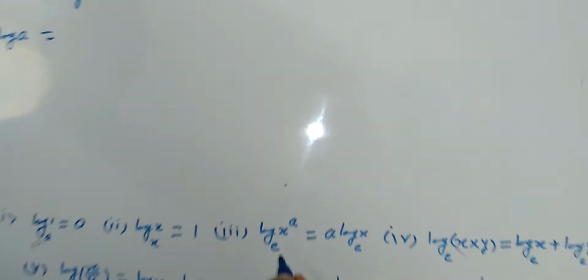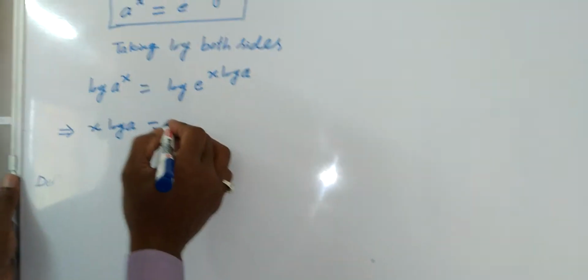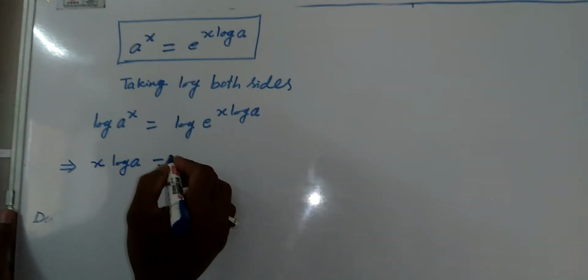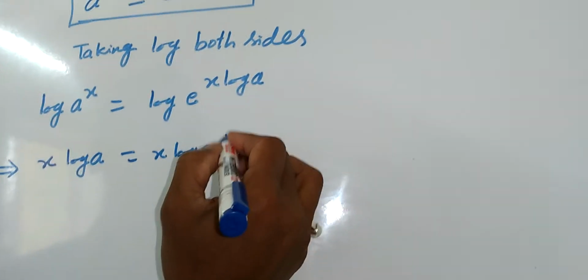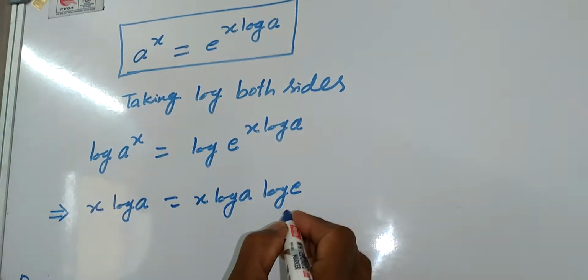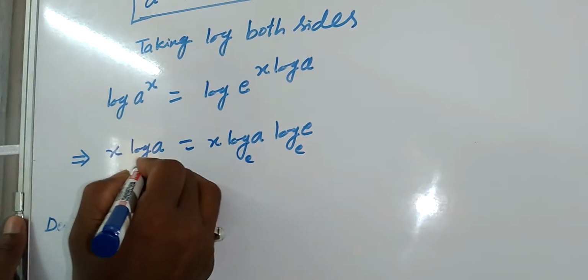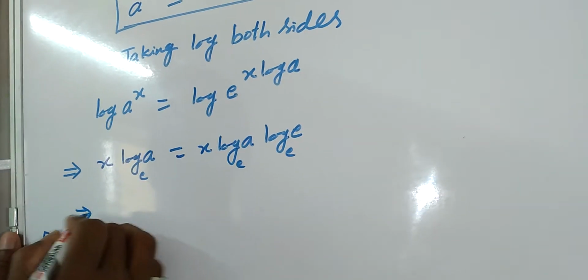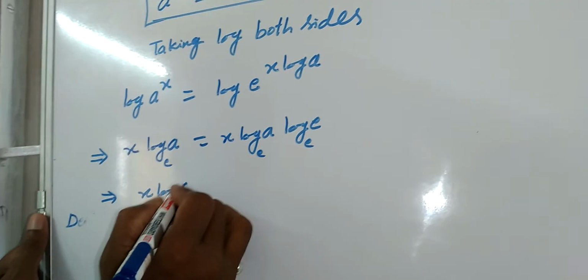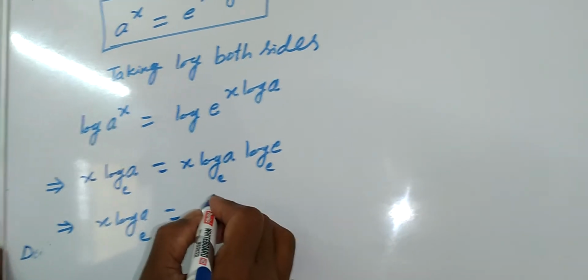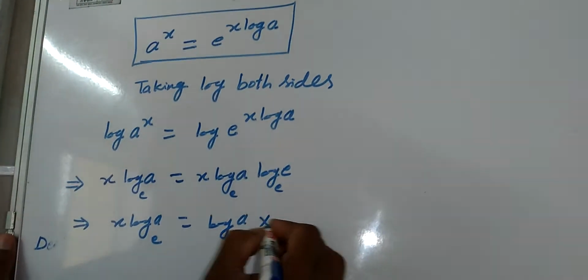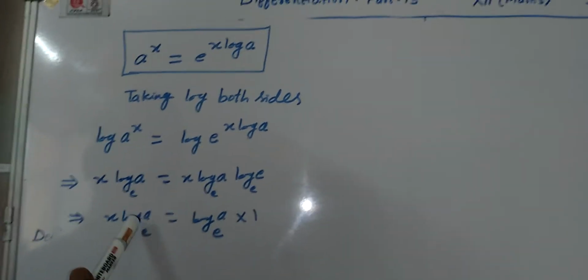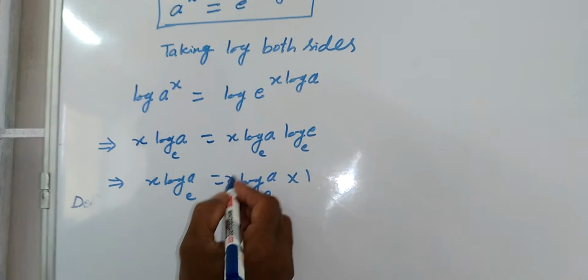Similarly, by using the same property, the exponent will come in as a product, so x log a times log e, base e. This implies x log a is equal to x log a times 1. So if you see, both sides are the same, x log a and x log a.